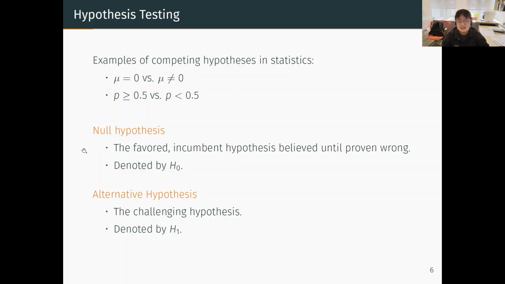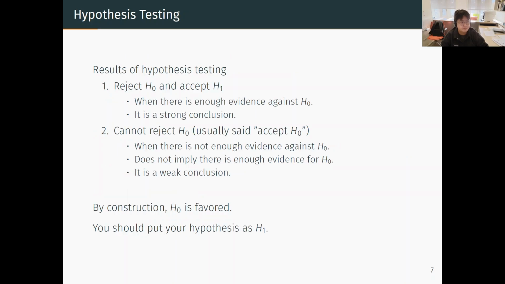So in statistical hypothesis testing, the first thing you have to do is formulate those hypotheses. As I said, the research question is a yes or no question. That means you have statistical statements like this, and they become the hypotheses you are testing. There should be two competing hypotheses.